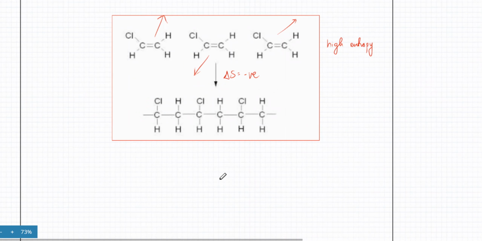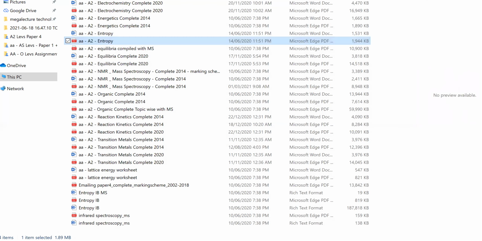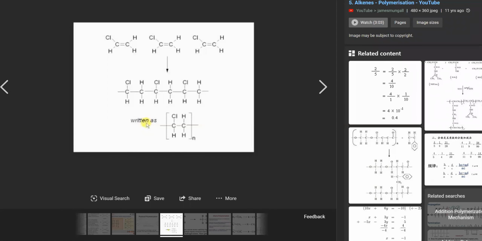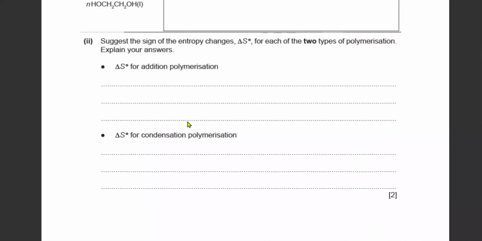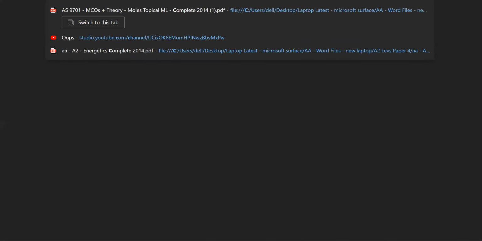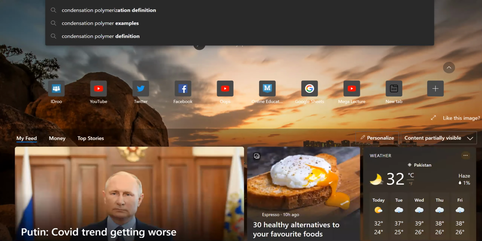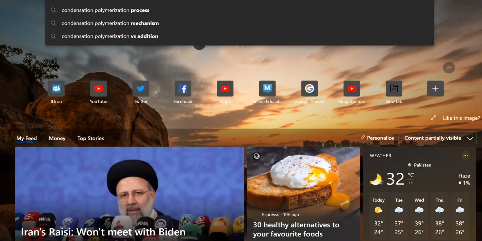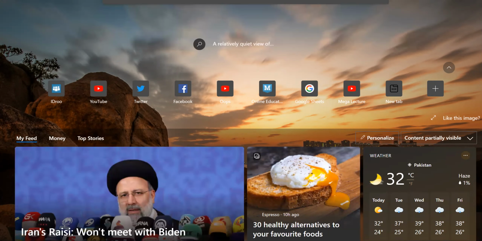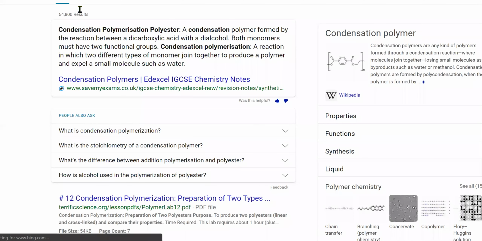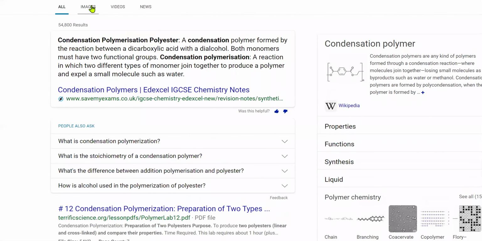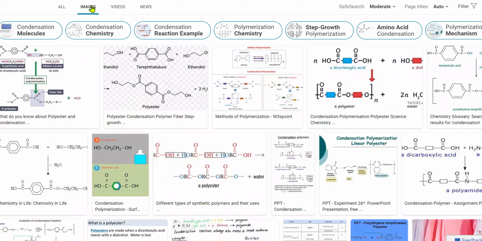Yes. Awesome. Then in the question they've also talked about condensation polymerization, I think. What would happen for condensation polymerization? Now, if you look at condensation polymers, let's talk about polyesters.